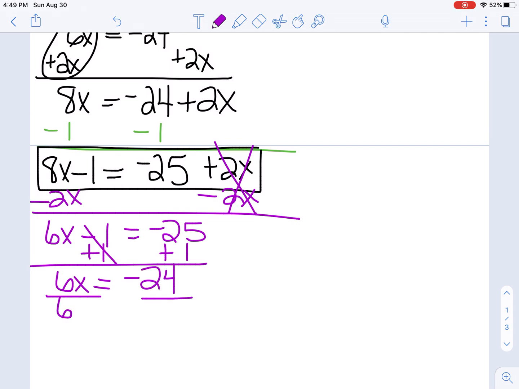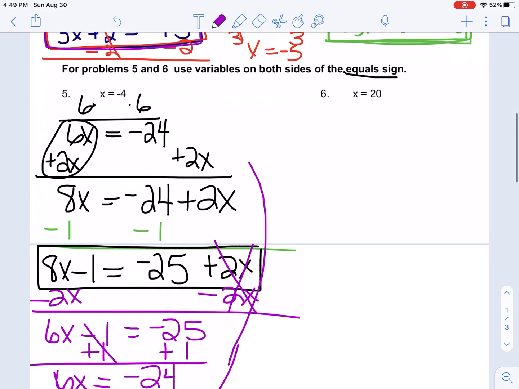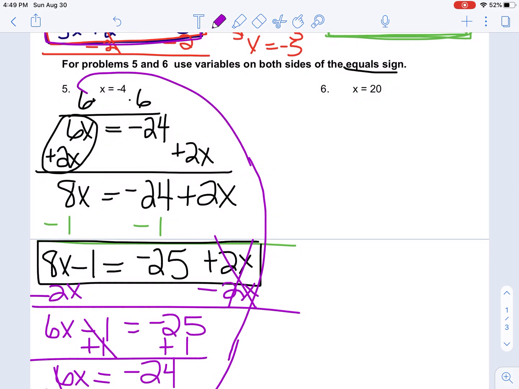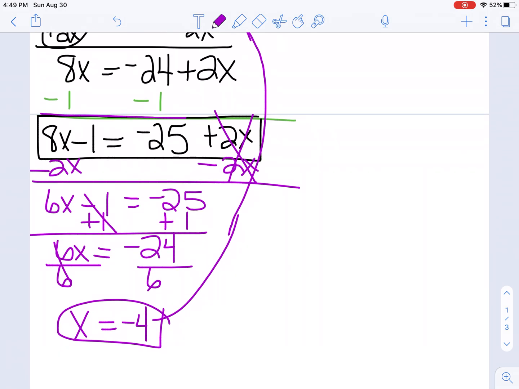Then you'd have to divide both sides by 6, and you get x equals -4. So this checked all the way up with my original solution that I wanted. But here's the equation that I created that has a solution of x equals -4.